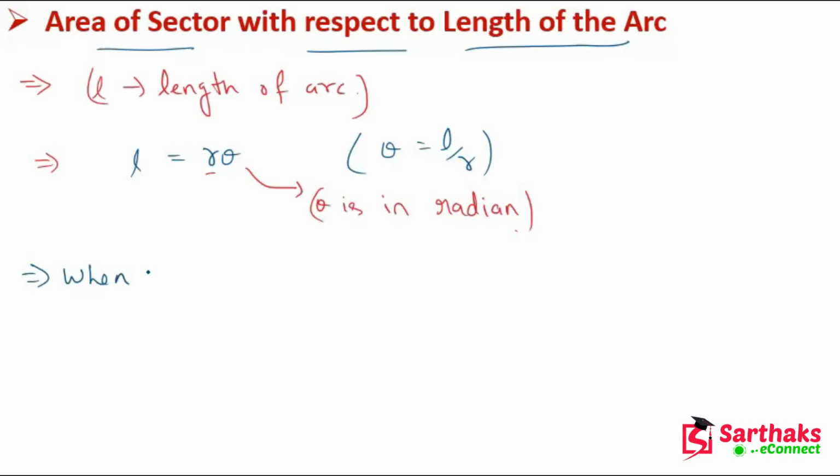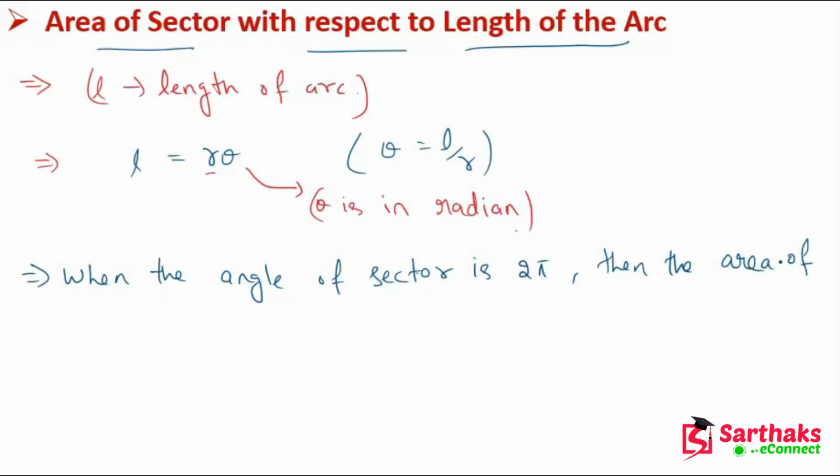Now, when the angle of the sector is 2 pi, where 2 pi is the angle in radian, which converted into degree becomes 360 degree, then the area of sector means the area of the whole circle, which is equals to pi r square.